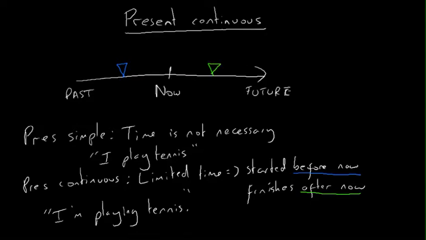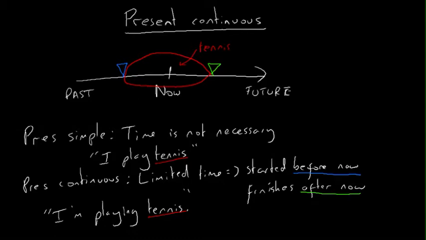So we can imagine that our action is happening within a sort of bubble of time. So in here, we can say we're playing tennis. So in this period, we're playing tennis.